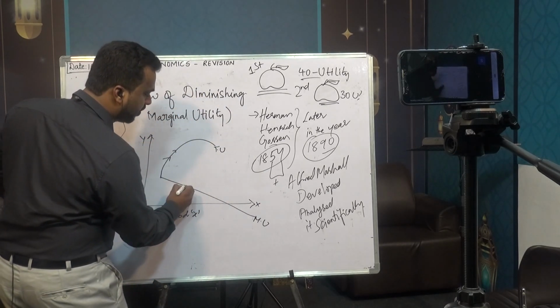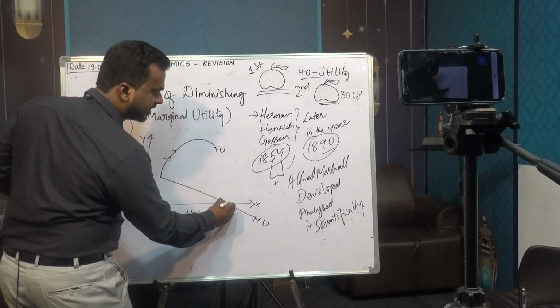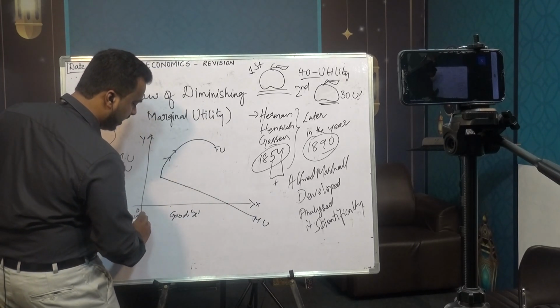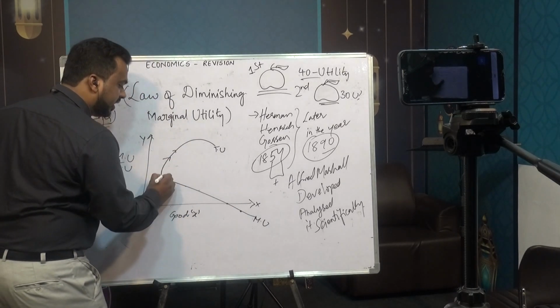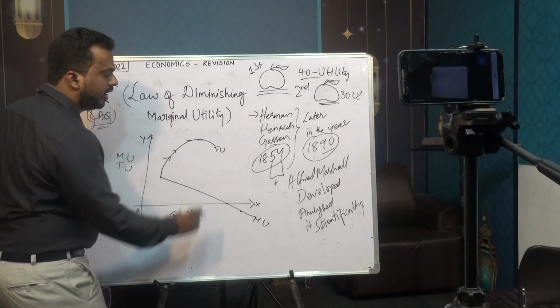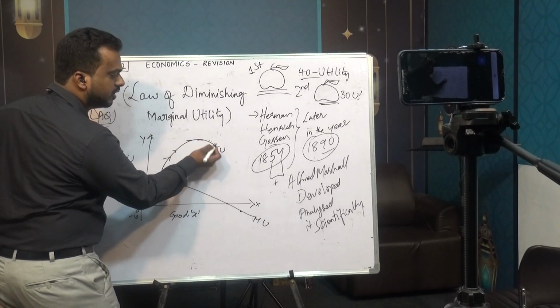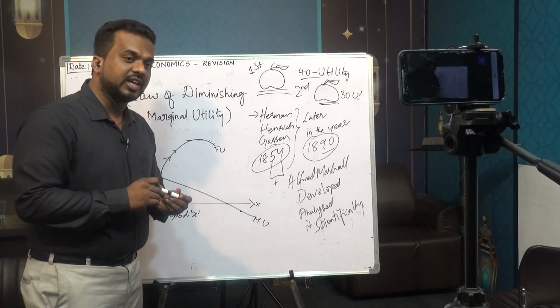Marginal utility keeps on declining until it becomes 0 on the X-axis and then becomes negative. Total utility increases at an increasing rate, becomes constant at one particular point and then it falls. Is it clear up to here?